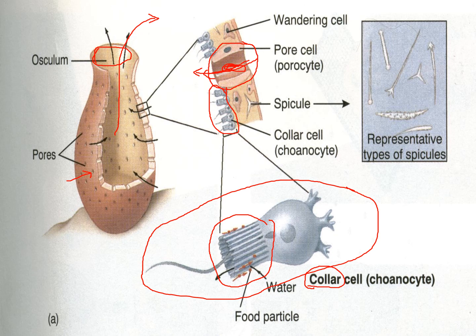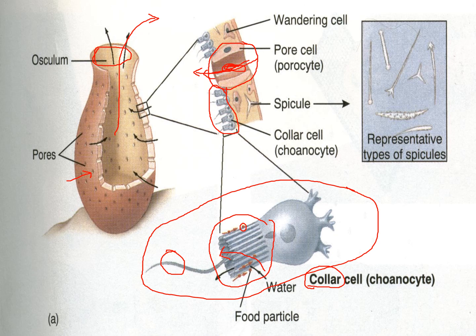So the flagellum here beats, and it induces a water current, and that water current also brings water through this collar of cilia, and then the food particles get stuck on this that's sticky, and what happens then is the amoebocytes and the collar cells will both ingest these particles into vacuoles within the cell and digest them.